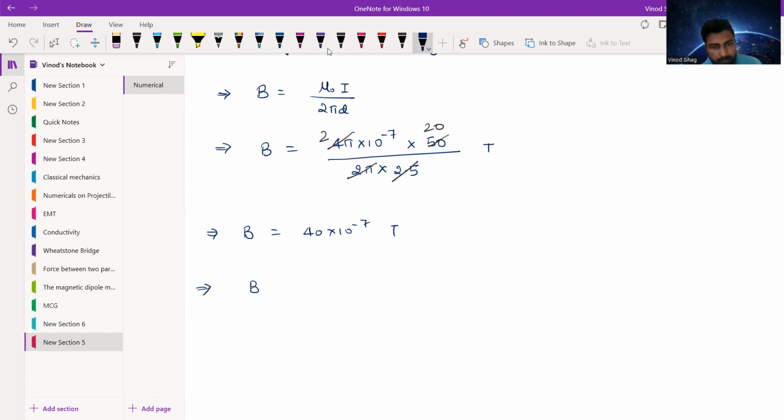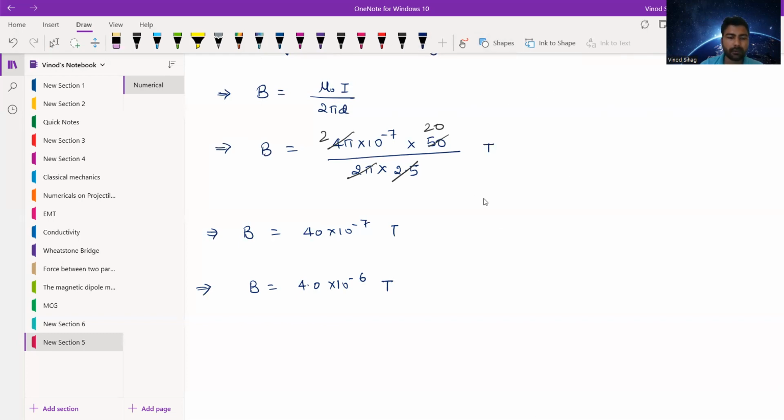So the magnetic field will be 4.0 into 10 to the power minus 7. Sorry, it will not be minus 7, it will be minus 6 because we have taken the decimal after one digit. So it will be 4.0 into 10 to the power minus 6 Tesla. This will be the magnitude here.